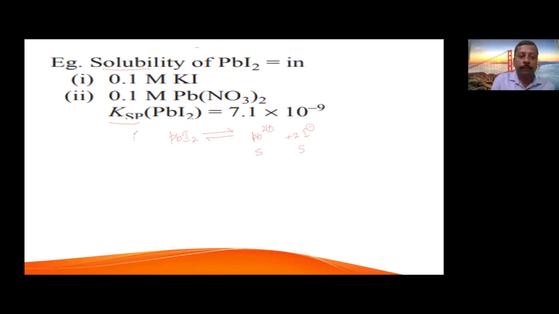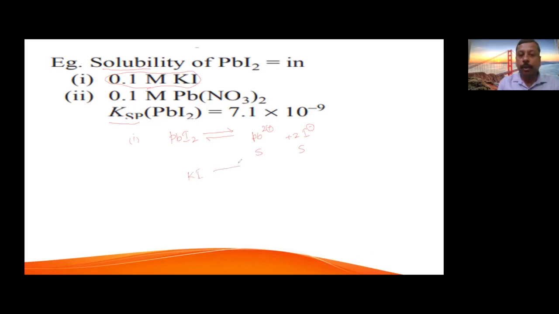I am solving the first part, and I will give you the privilege to solve the second part after going through the solution of the first part. In the first part KI is given, and nowhere is KSP given or asked. Therefore I am writing KI.